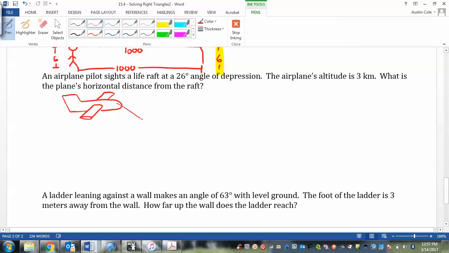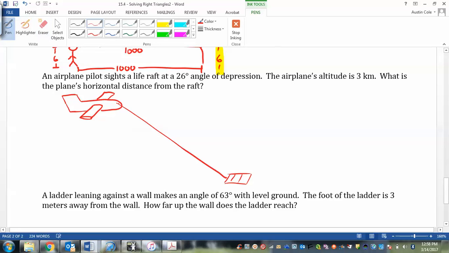This pilot looks down and sees a raft. It's a life raft. Now, it's an angle of elevation or depression? Depression. So am I going to draw my triangle this way? Because if I do that, guys, now I have created my angle with a vertical line, and that won't work.